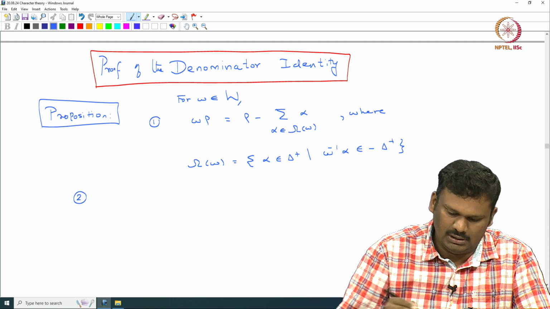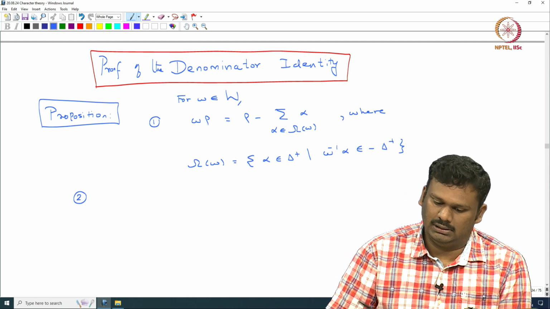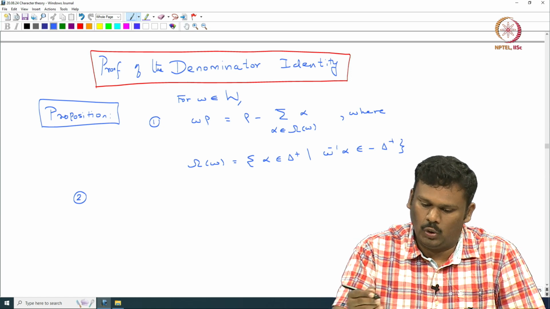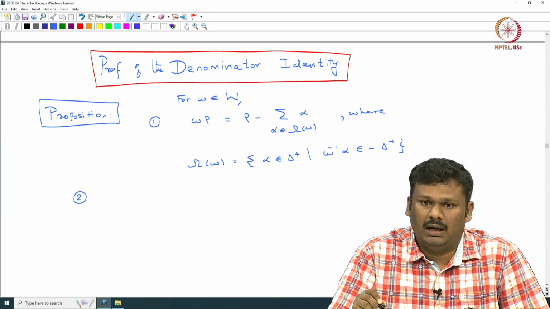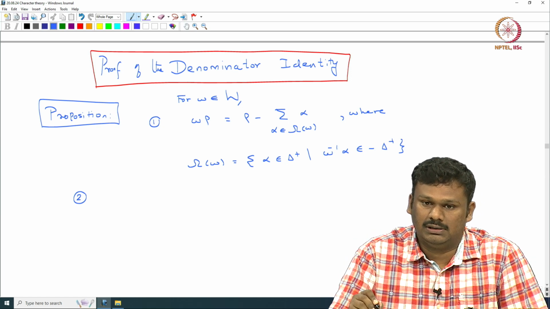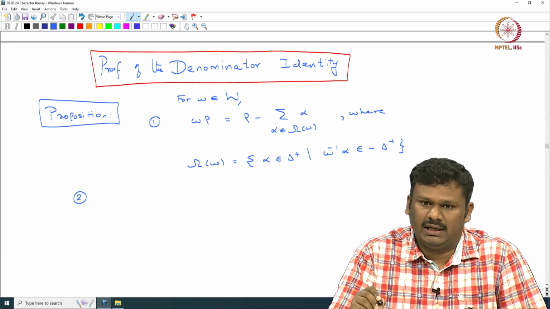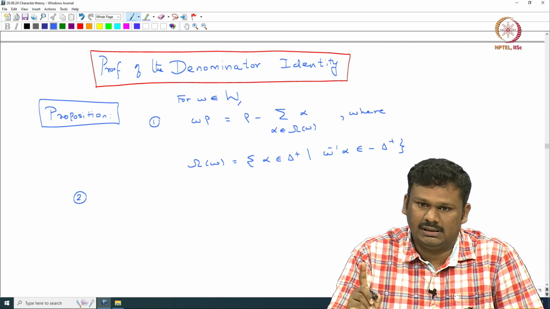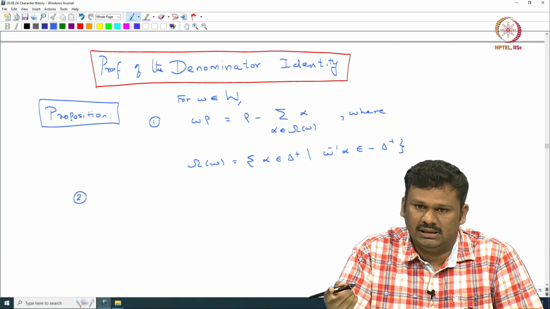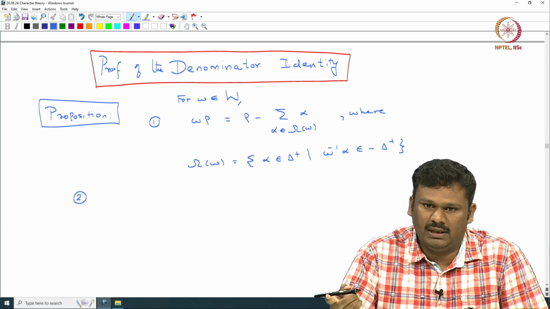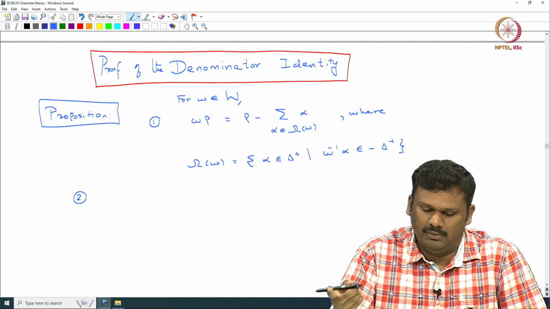The second statement: when you take something of the form rho minus summation alpha, alpha in omega, for some subset omega of delta plus, then we have two choices. We can say that either it is in the reflecting hyperplane H alpha, or it must be of the form W rho.